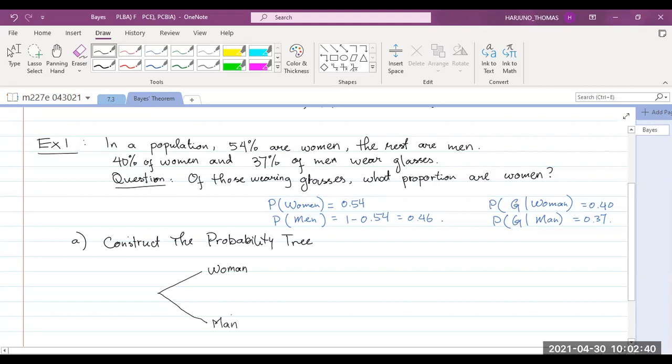The probability, or the proportion, is written on the branch. And every time you have branching, the total should be 100%, or in decimal, 1. Let me make it in percentage.